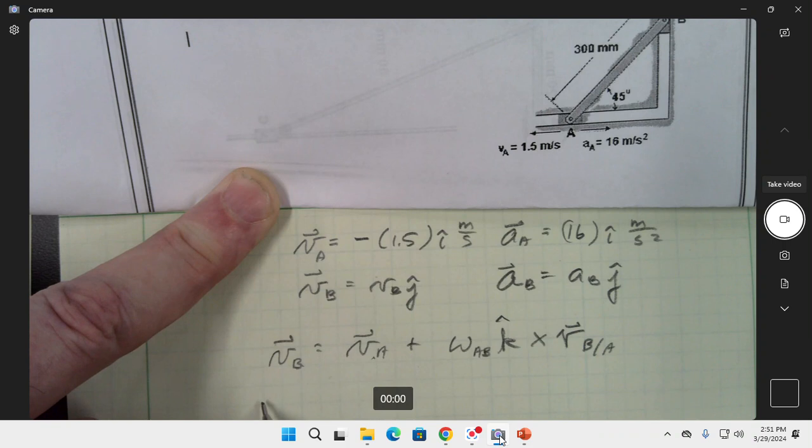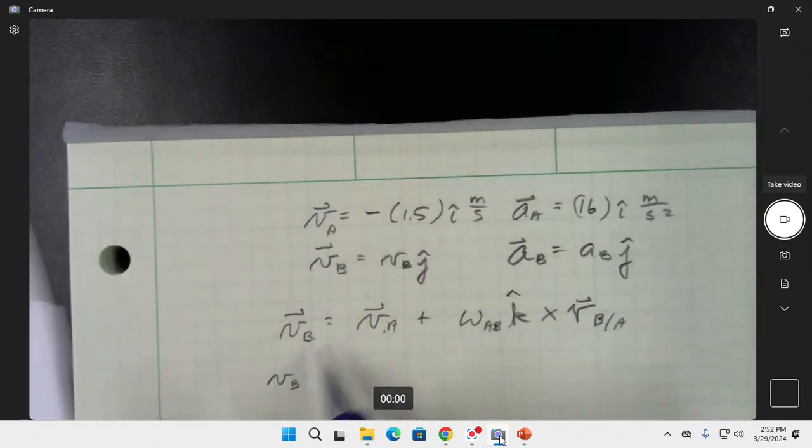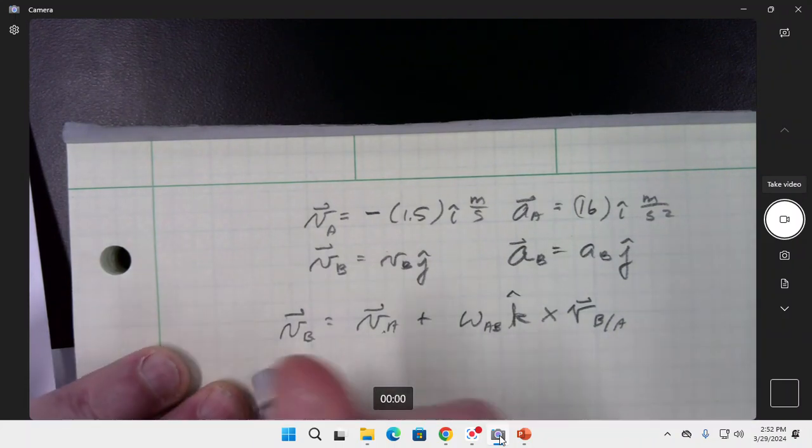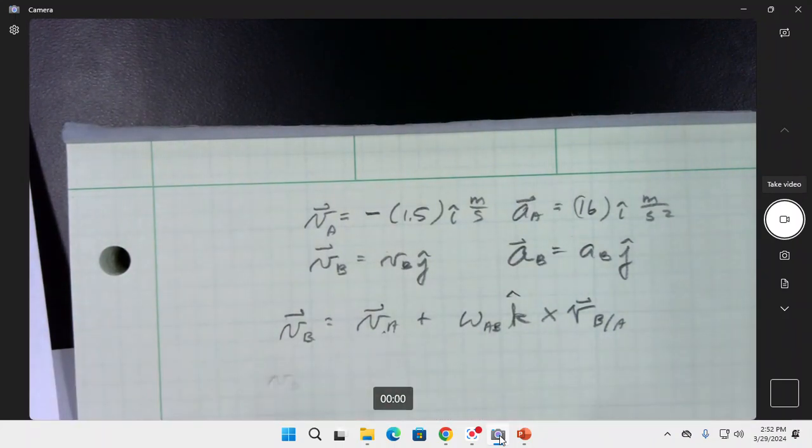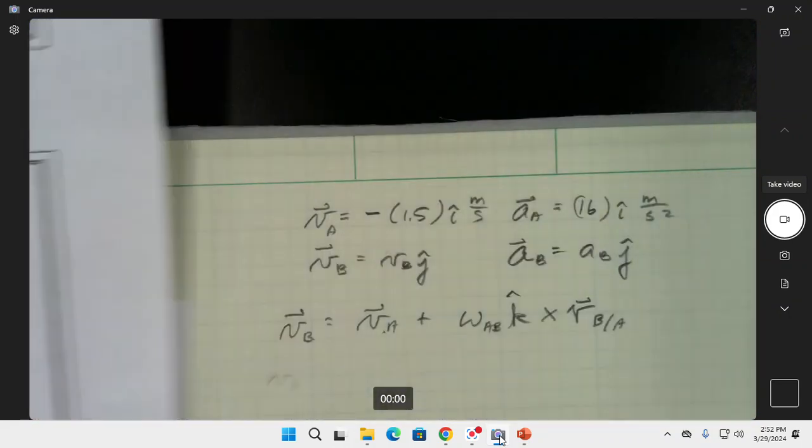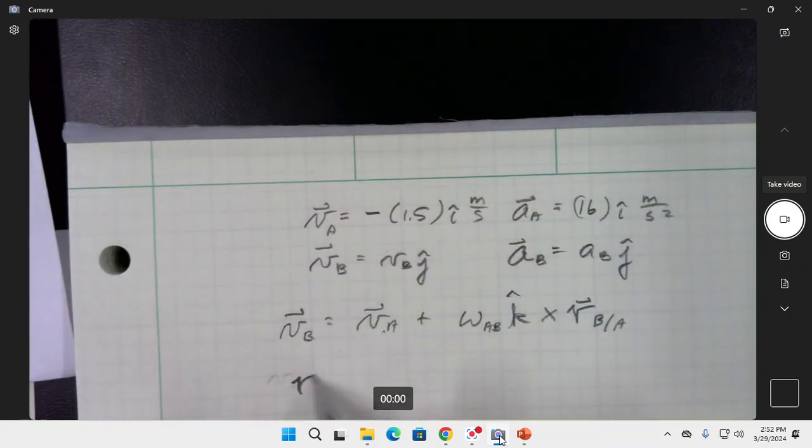So we needed R B with respect to A. Let me write it out. We're looking at B from the perspective of A. It's a little too easy.